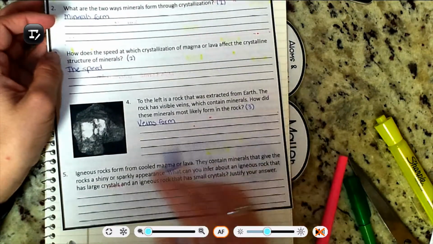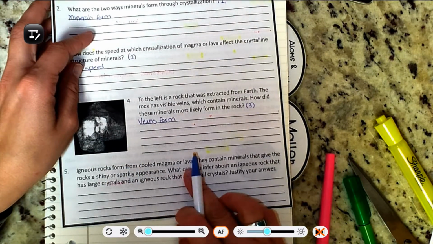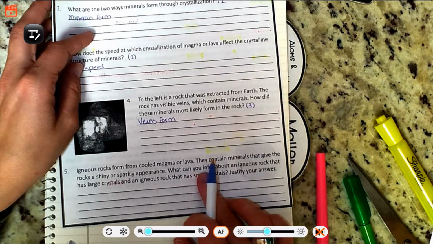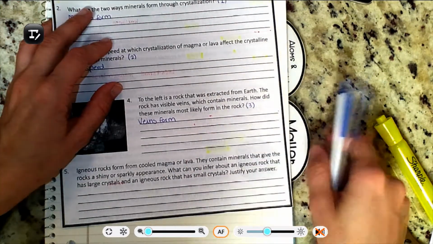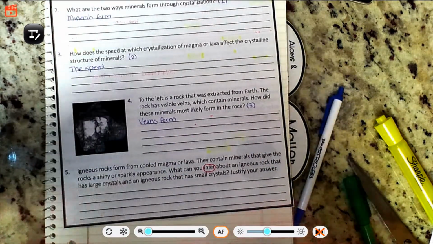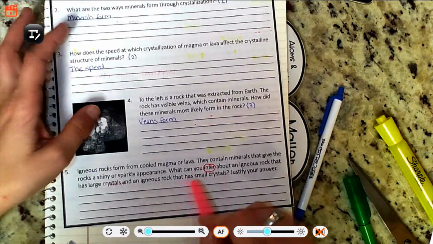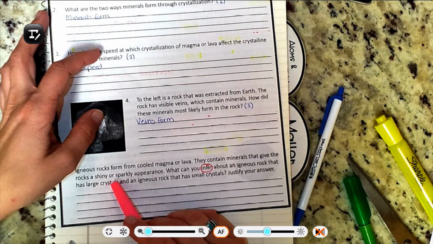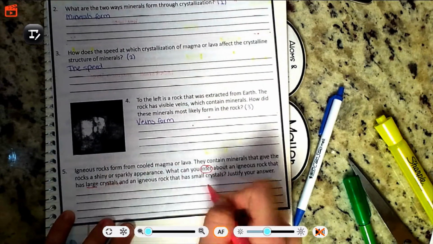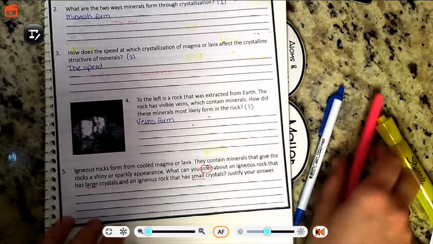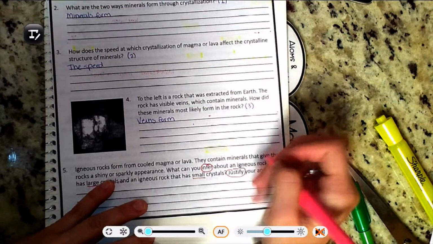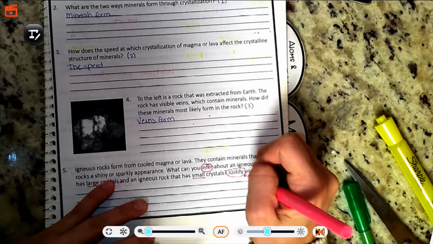Okay. Igneous rocks form from cooled magma or lava. They contain minerals that give the rocks a shiny or sparkly appearance. What can you infer? So infer means what can you decide, or what inferences can you make about an igneous rock that has large crystals and an igneous rock that has small crystals? So I want to know, what about large and small? And you have to justify. So that means explain and give evidence.